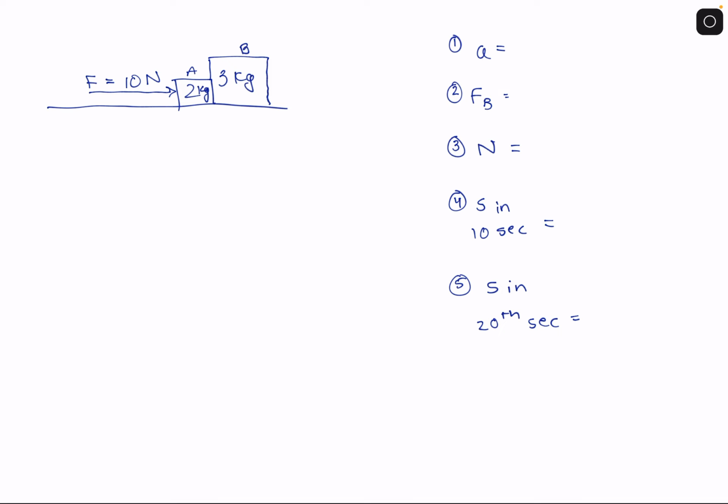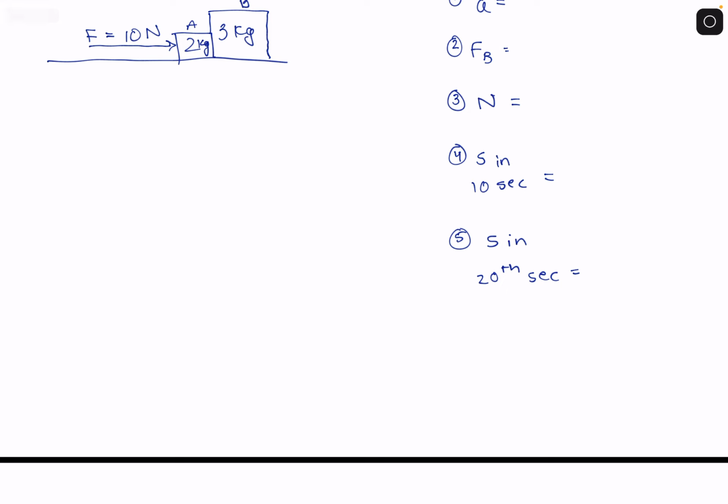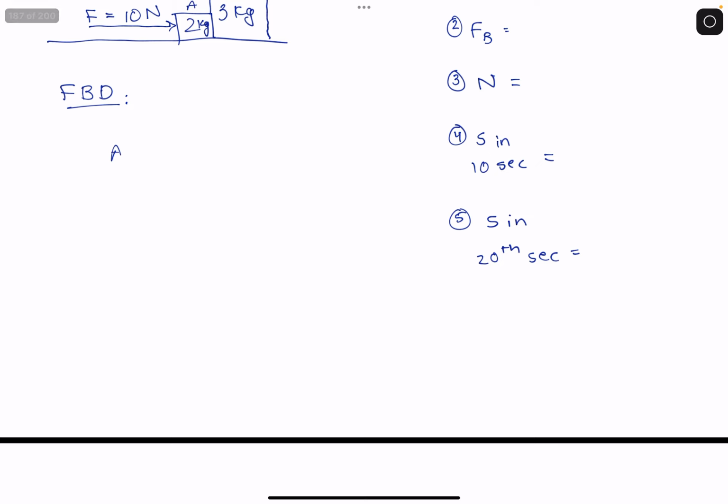Alright. So before we do all of this, let's draw a free body diagram. On block A, we obviously have gravity and its normal reaction, but we can ignore that as they are both balanced.